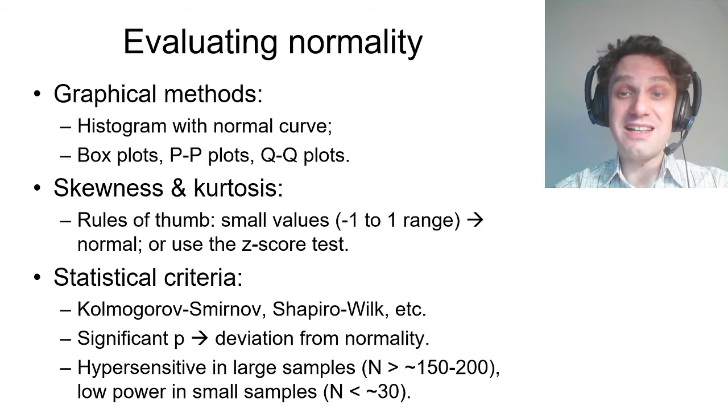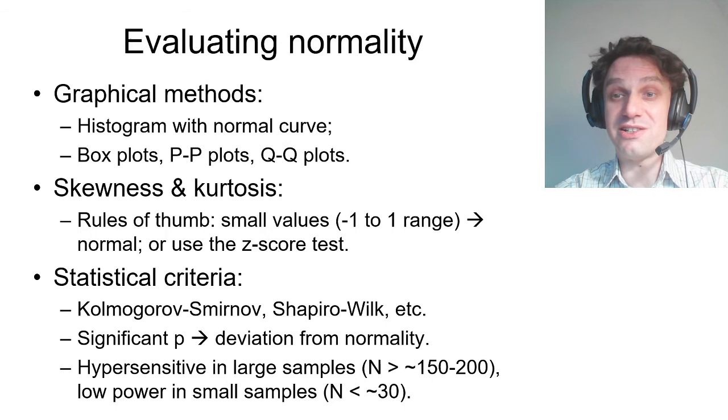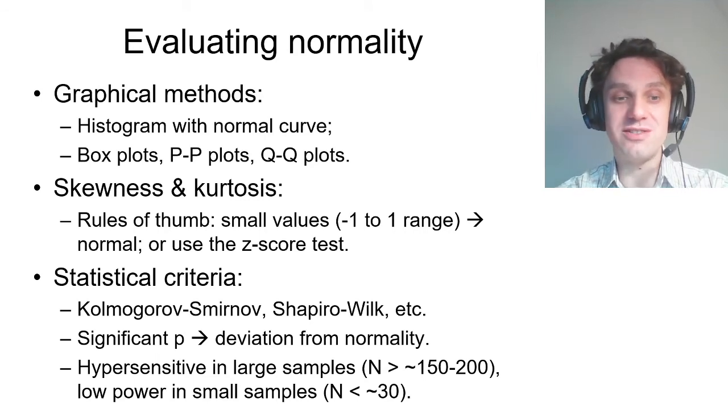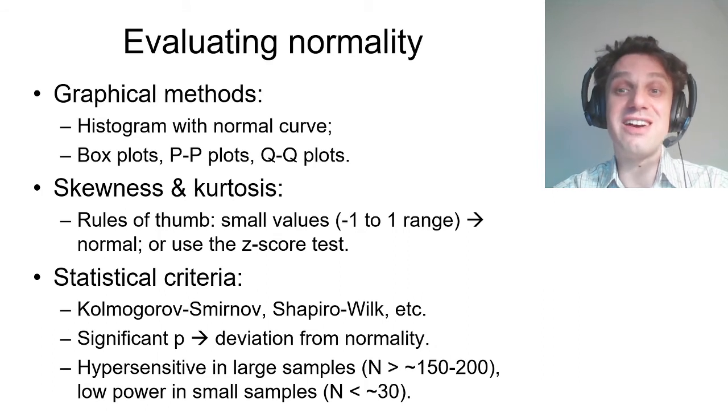Or you can use dedicated plots like probability or quantile plots, PP and QQ, available in SPSS, which let you very easily have an idea of whether your distribution is normal or not. However, you can also look at skewness and kurtosis values. Basically, skewness and kurtosis values are effect sizes for the deviation from normality of your distribution.